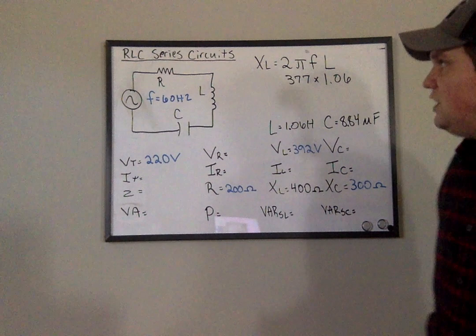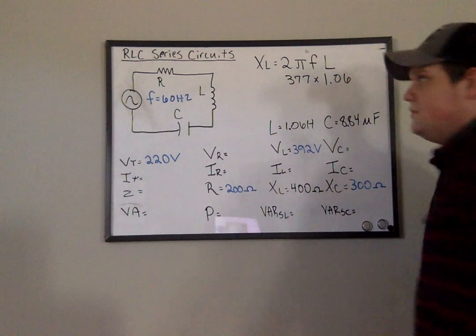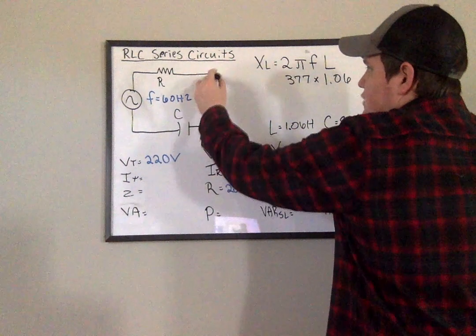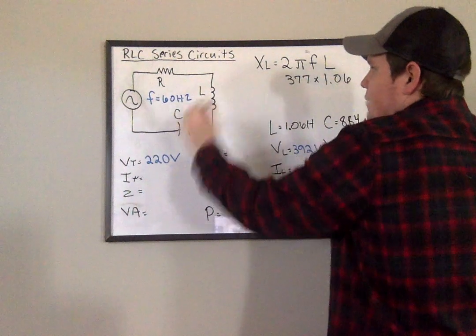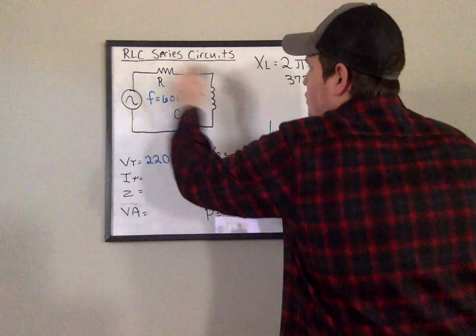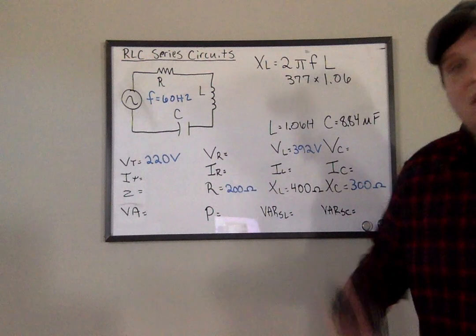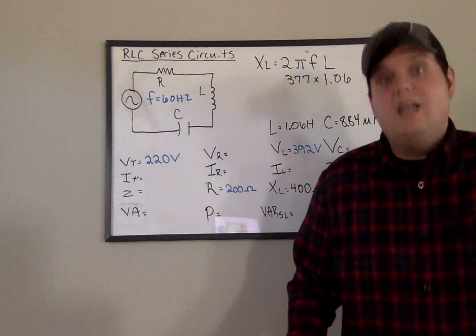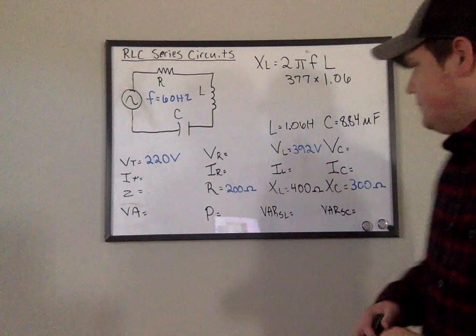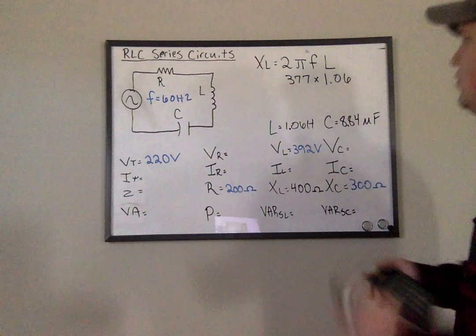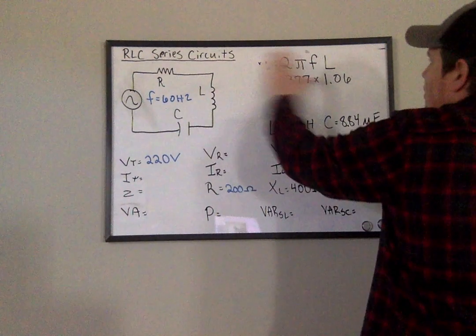And once I have current through that inductor, that means I know how much current is flowing everywhere, because this is a series circuit and current stays the same.